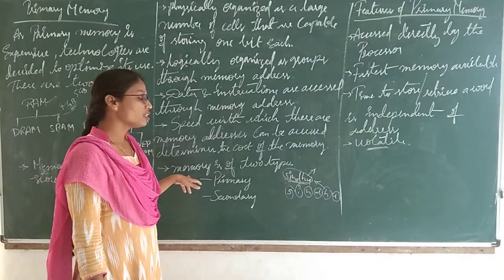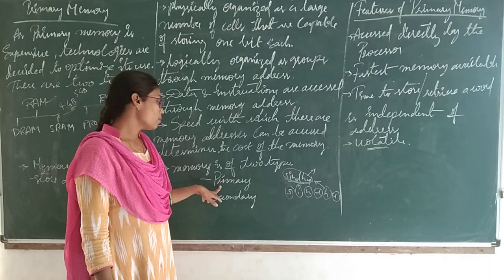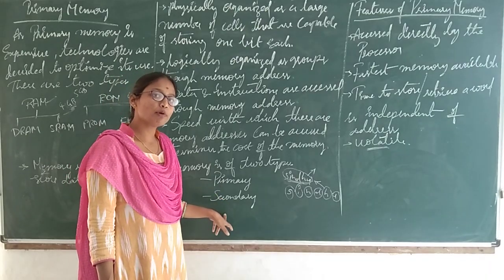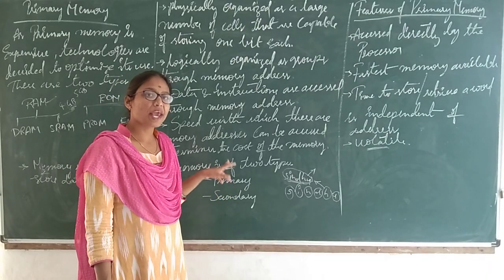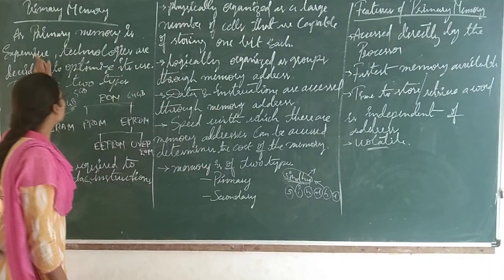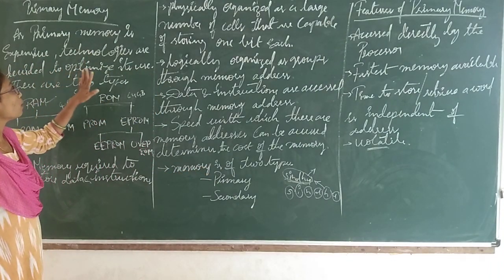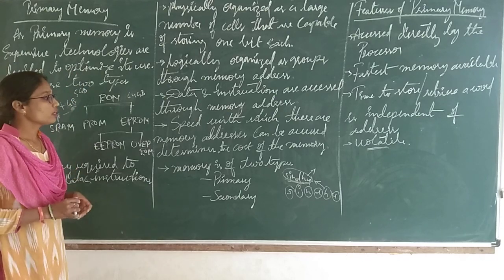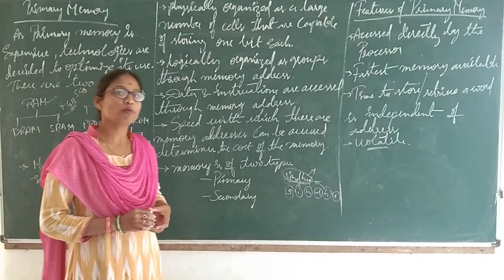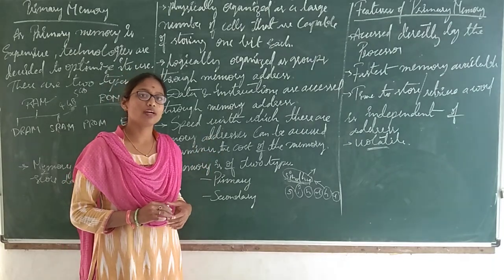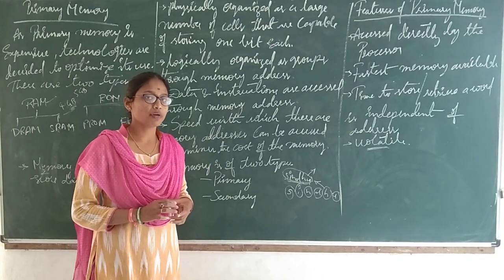Memory is divided into primary and secondary memory. Primary memory is more expensive, and technologies are devised to optimize its use. You have to understand this lecture: primary memory, the characteristics of memory, and features of primary memory.